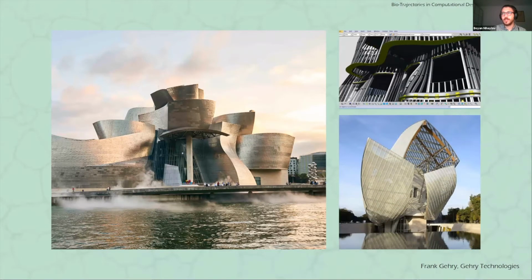This, of course, inspired a lot of designers as well, because it unleashed a lot of possibilities for the expression of designers at that time.